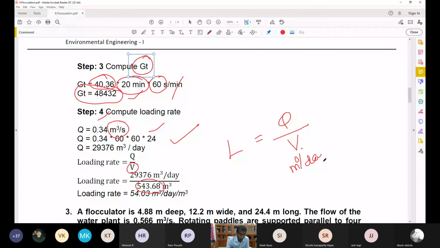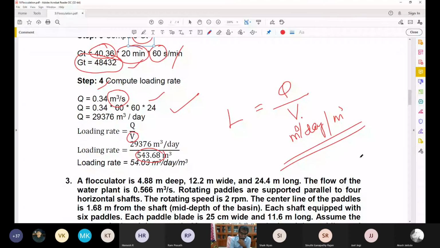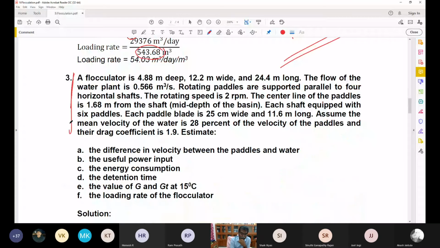Now we'll see one more problem. The flocculator is 4.88 meter deep, 12.2 meter wide, and 24.4 meter long. The flow of the water treatment plant is 0.566 meter cube per second. Rotating paddles are supported parallel to 4 horizontal shafts, and the rotating speed is 2 RPM.